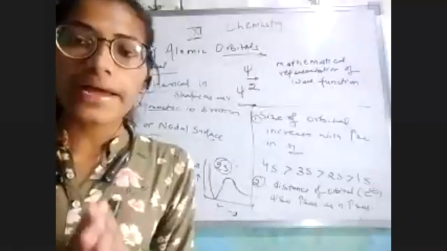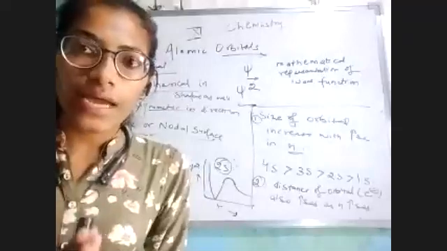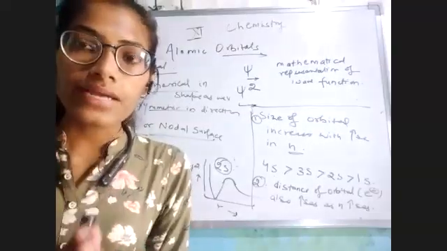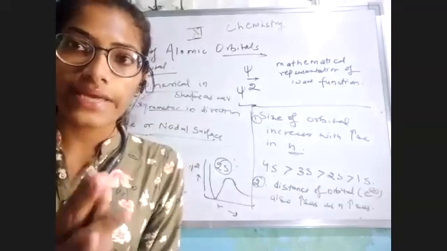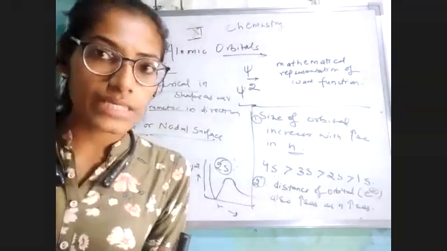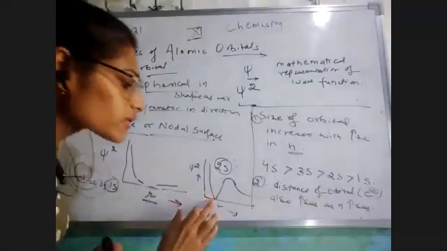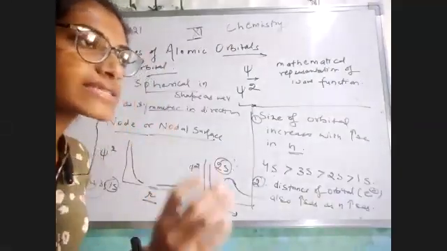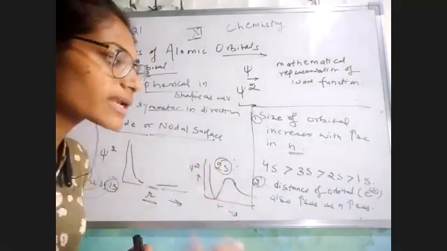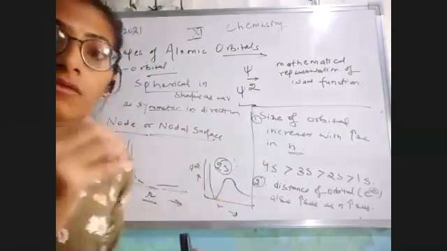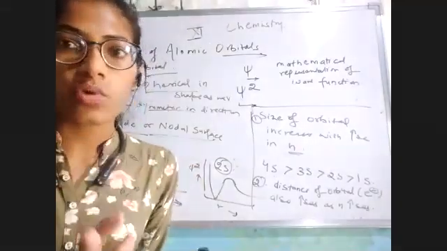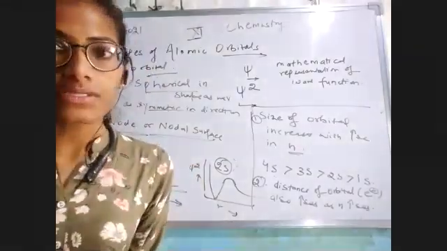So in short, node is defined as that particular space, that particular area where the probability of finding an electron reaches zero. That means we cannot find any electron over there. This is a particular area in our orbit where an electron cannot be found at all, and that is known as node or nodal surface.